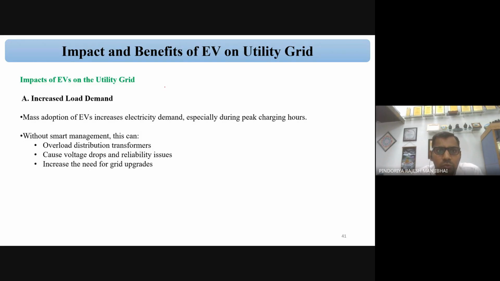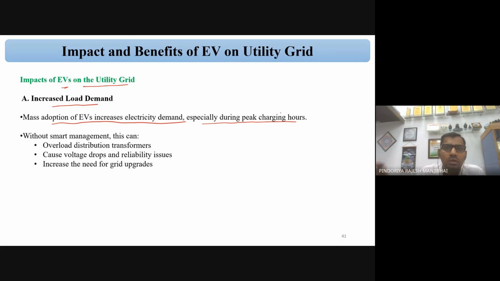Maybe most of you know about the power system, and maybe some of the students are working in the power grid area, correct? So the first one is increased load demand. Why? Because we have to charge the battery. With mass adoption of the EV, electricity demand increases, especially during peak charging hours.